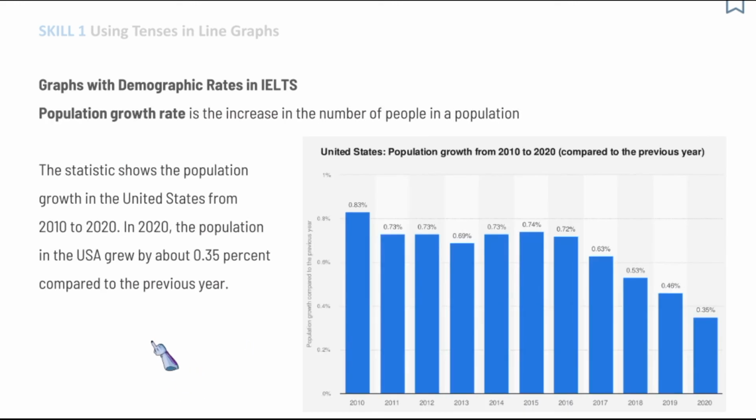So next is population growth rate. Here again we are having a bar graph which is about population growth. And the population growth or population growth rate is the increase, the going up in the number of people in a population.